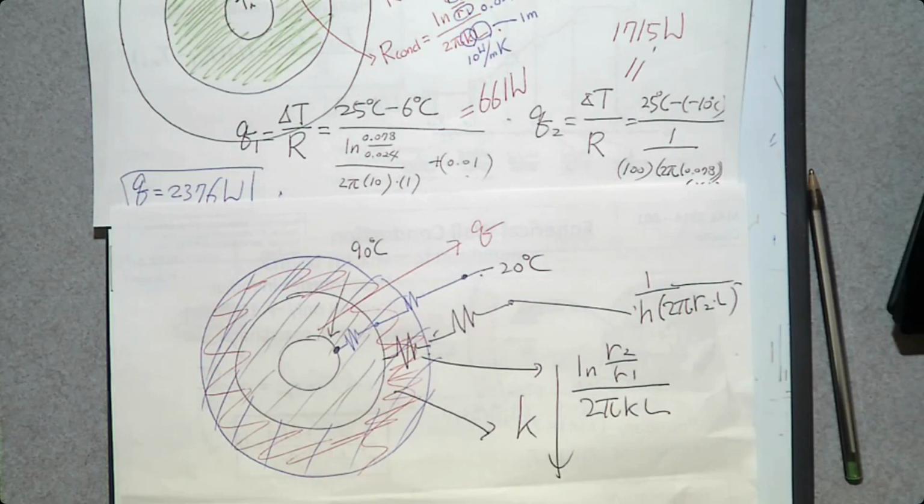So you are trying to increase resistances so that the heat transfer goes down. But when you add insulation, yes, you can increase conduction resistance, but there's a side effect. Convection resistance goes down because you are increasing the outer surface area. You are creating more surface for heat transfer.